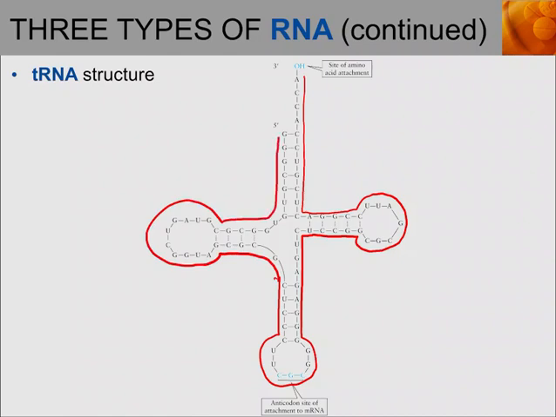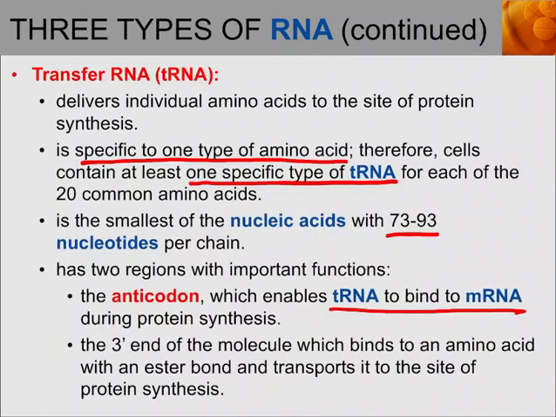And there's, again, that anticodon site, CGC. So cytosine, guanine, cytosine. And this is like a little code that tRNA uses to say, oh, I can attach to messenger RNA using this site. There's also another site, the 3' end of the molecule, which binds to an amino acid.